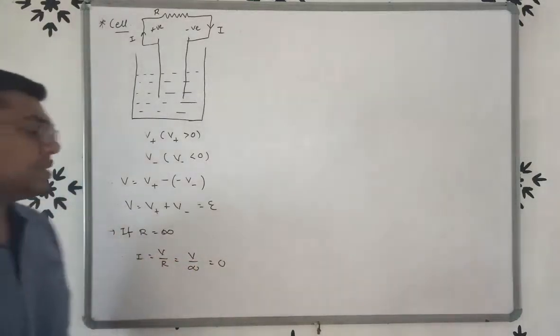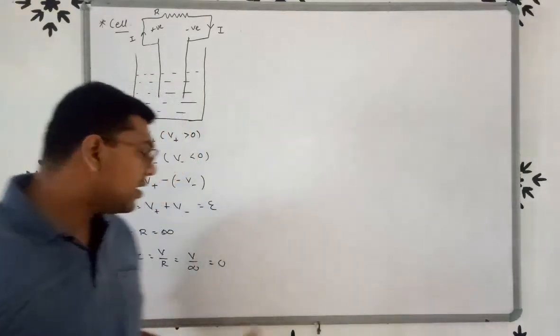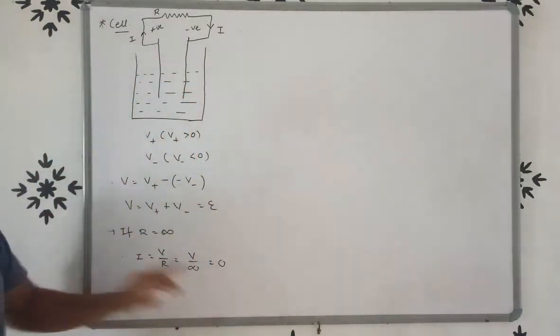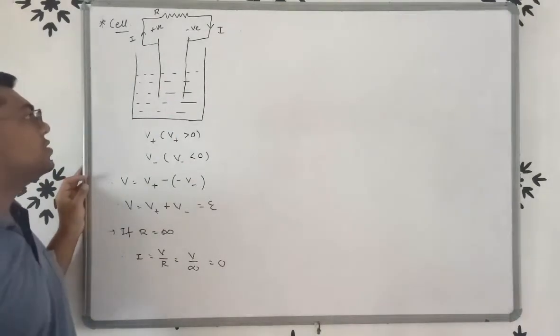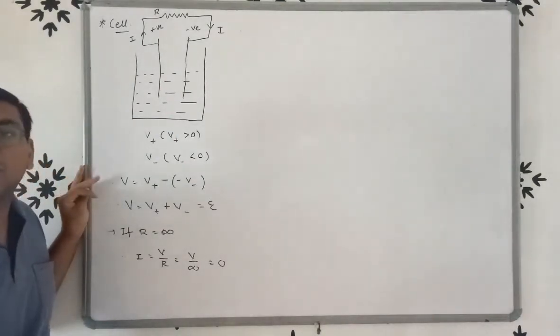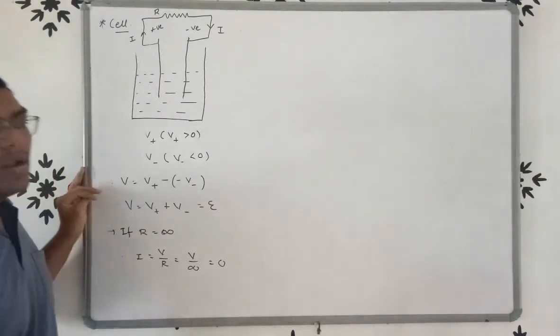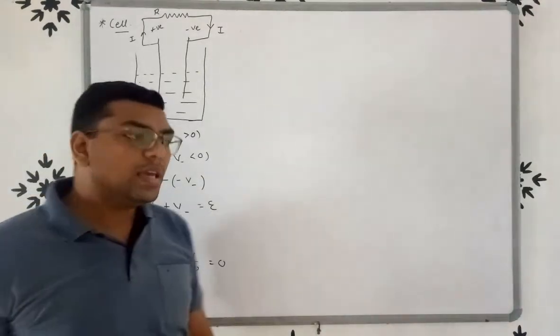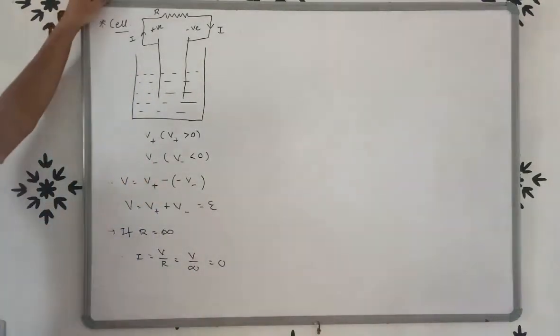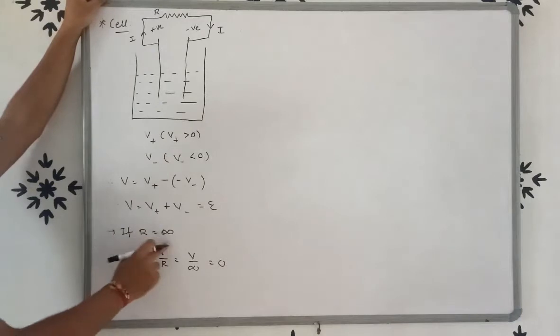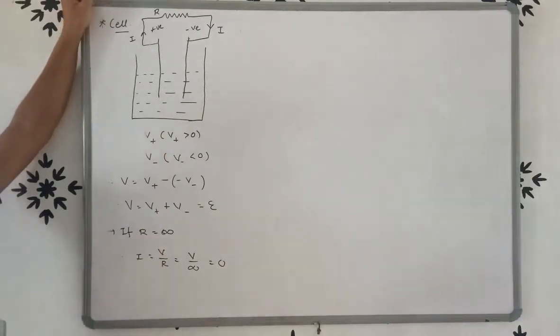So if resistance is infinite, then the current flowing through this circuit is 0, right? So there will be no flow of current. This is the condition where resistance is infinite.